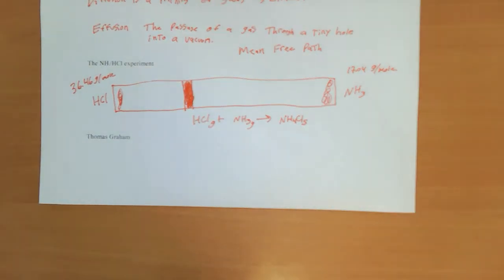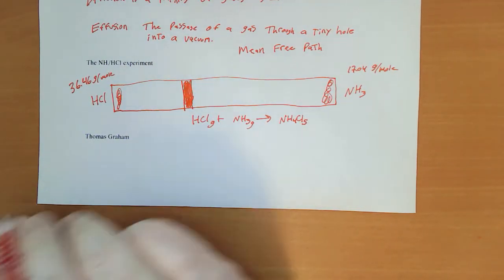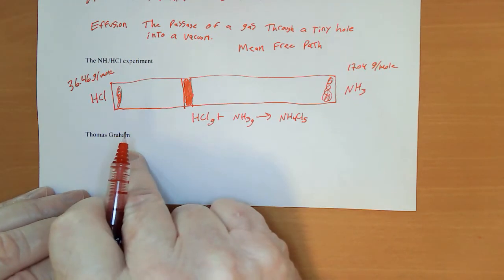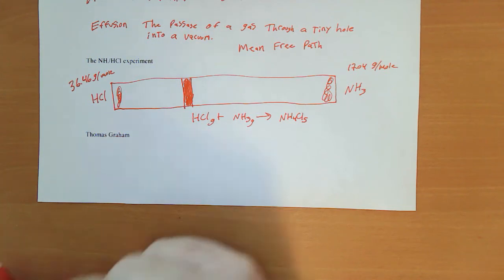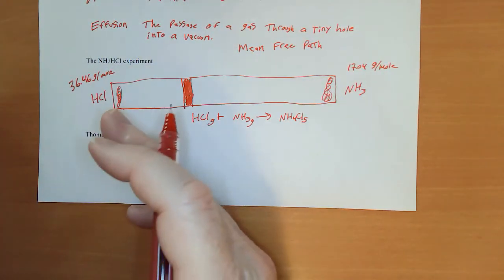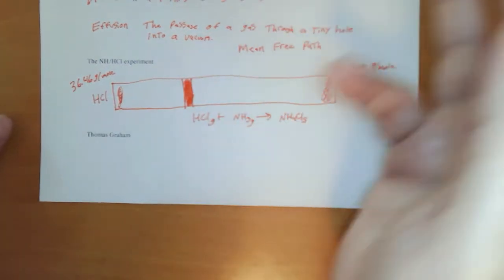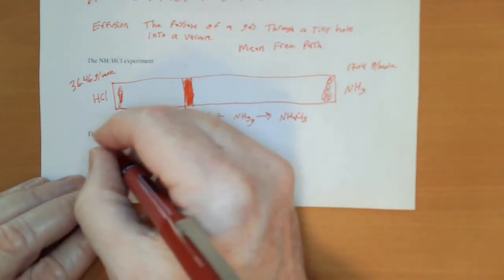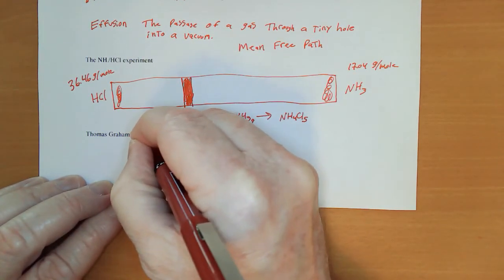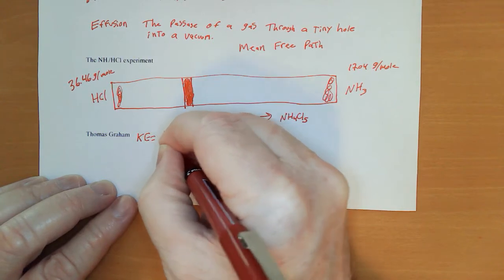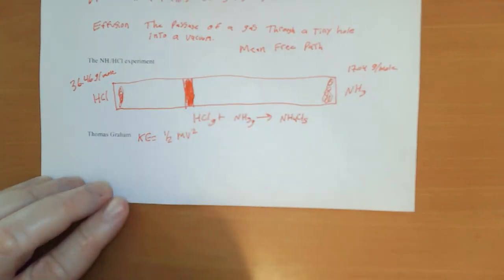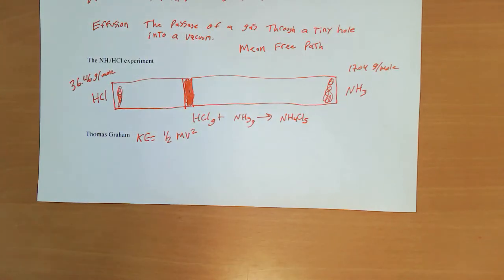Calculating these velocities and comparing them came mathematically from a guy named Thomas Graham. Let's assume we have two gases that are at the same temperature, and if they're in the same container, they're at the same temperature. Okay? The kinetic energy of those gas particles equals 1/2 mv squared, where m is mass and v is velocity.